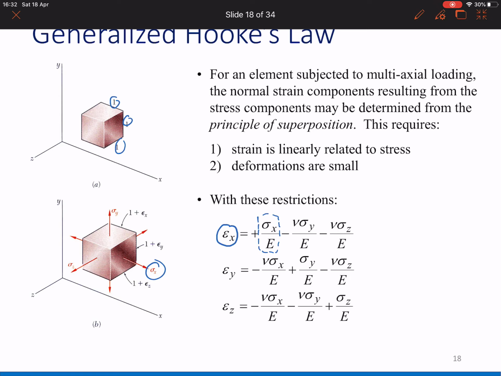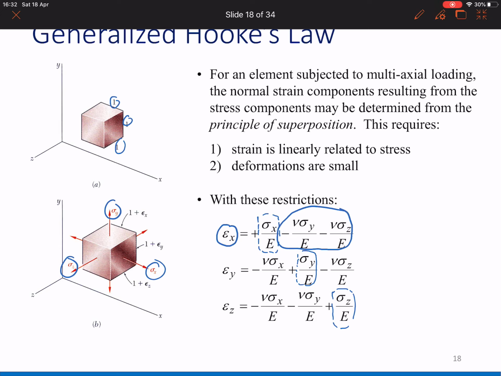Okay, and this is also normal expansion on the y-axis. This is normal expansion on the z-axis, and these other terms are where the Poisson ratio plays a role.